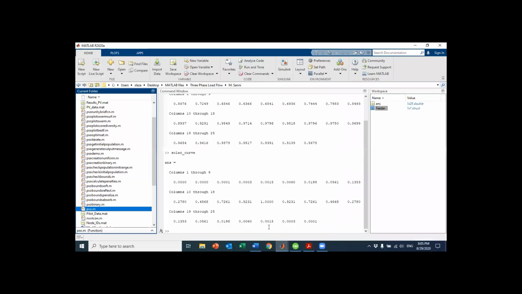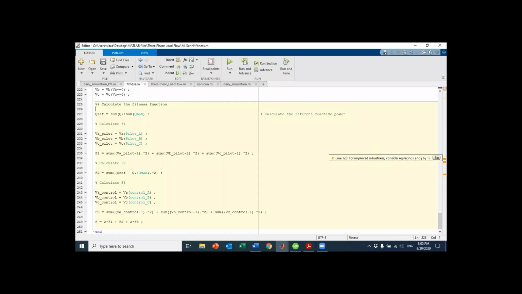If we go back to the fitness function, we calculate the objectives F1, F2, and F3, and the fitness function is obtained as a linear combination of F1, F2, and F3.